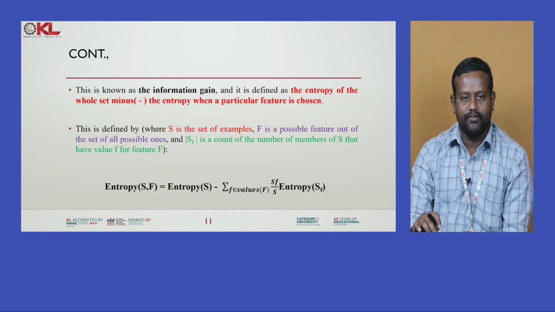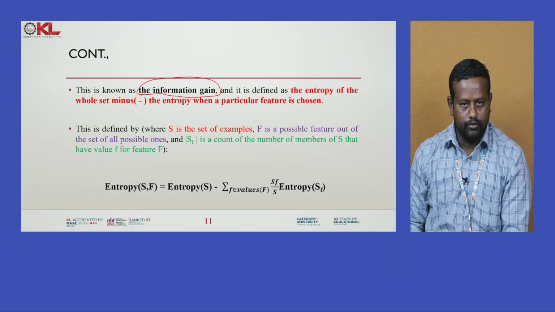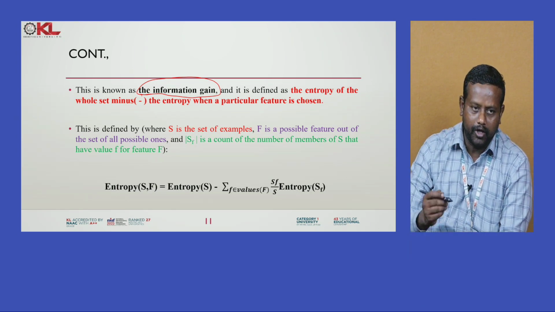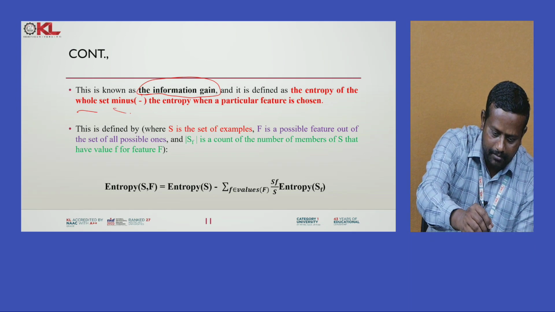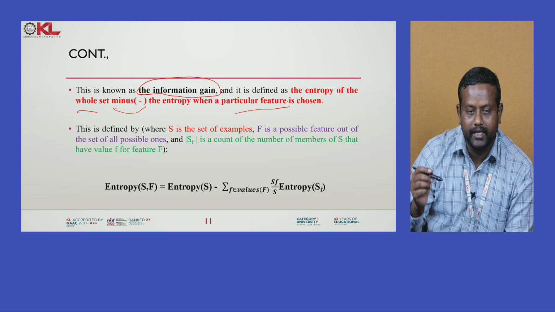This is known as the information gain, which we are going to find here, and it is defined as the entropy of the whole set minus the entropy when the particular feature is chosen.